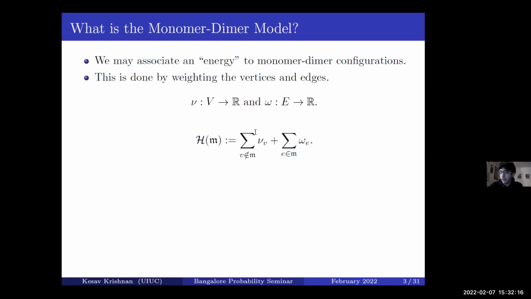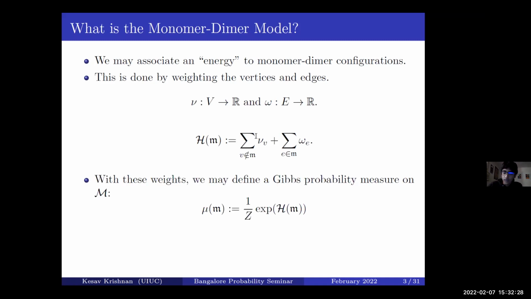We define the Hamiltonian for a configuration by summing over the weights of the unpaired vertices and the weights of the edges that are present in the matching. With those weights, you define a Gibbs probability measure on the space of all matchings, and the probability of a given matching to be selected is proportional to the exponential of the energy of the matching. Here, Z is the constant of normalization, and it's called the partition function.